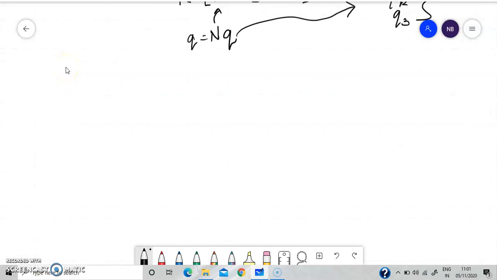Let us take a problem based on what we have just solved, for a two noded bar element. You are given a bar element like this. x1 is given as 20 inches, x2 coordinate is 36.